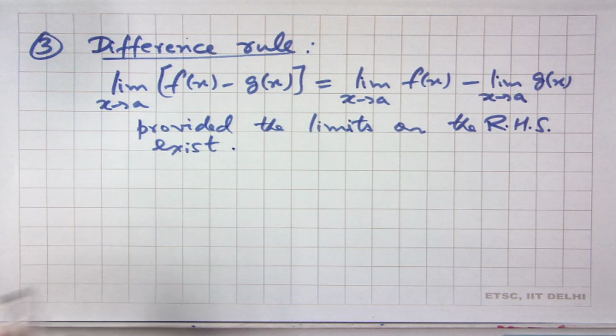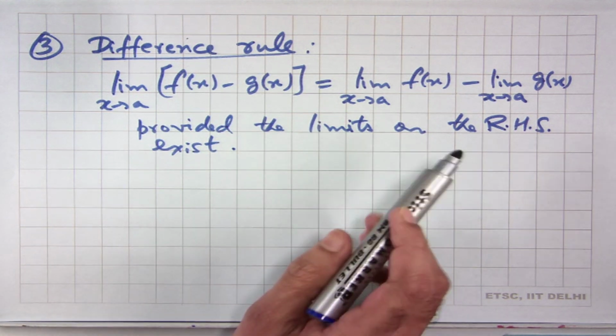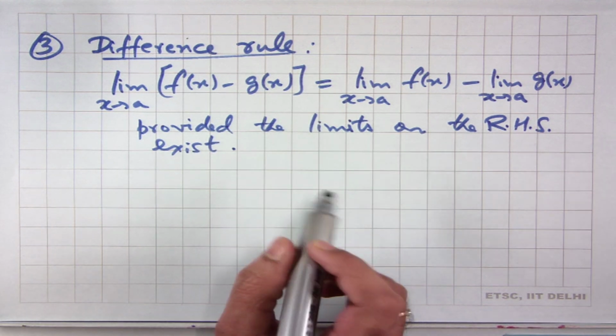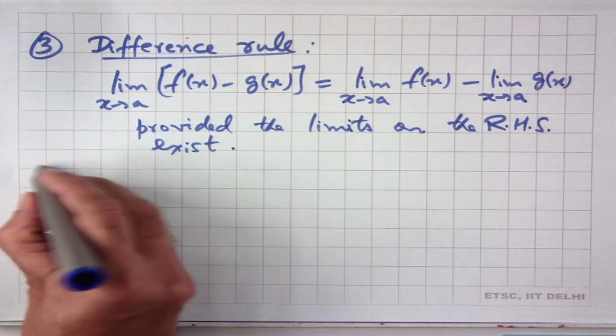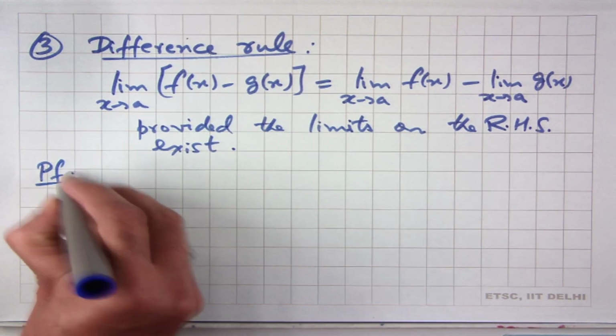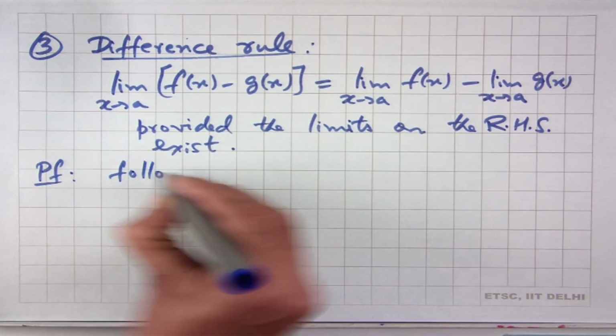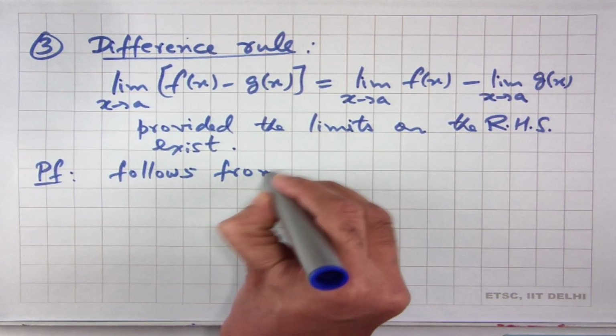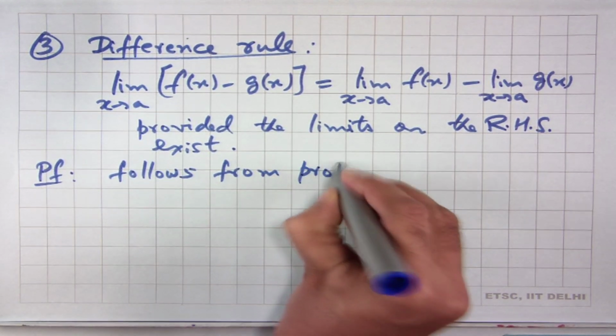This is just like the sum rule. If limit of f x and limit of g x exist, then the limit of the difference is equal to the difference of the limits, and this in fact follows from property 1 and 2.